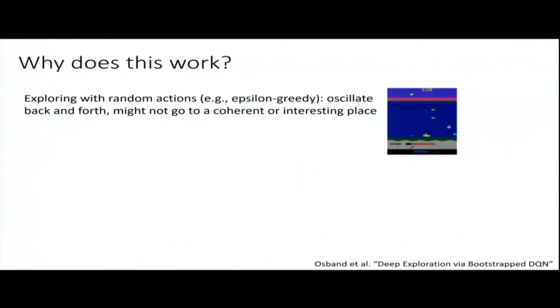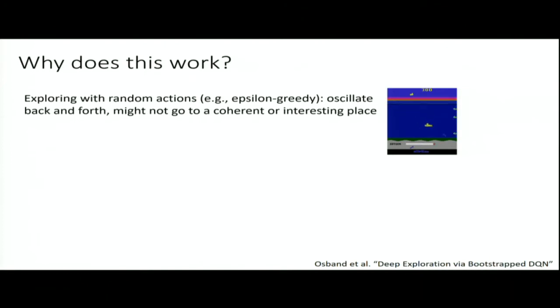Let's say you're playing the game Seaquest. So in this game, you have to control a little submarine and destroy the ecosystem by shooting the fish and pick up the divers. So if you do epsilon greedy exploration, you can get some pretty silly action sequences. You might turn the submarine left, then turn it right, then turn it back left. That's just never useful. So it'll give you some diversity, but it won't really cover the space evenly.